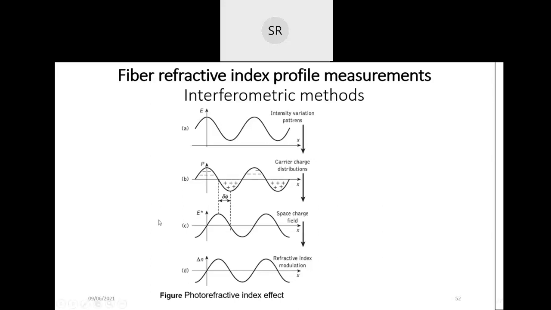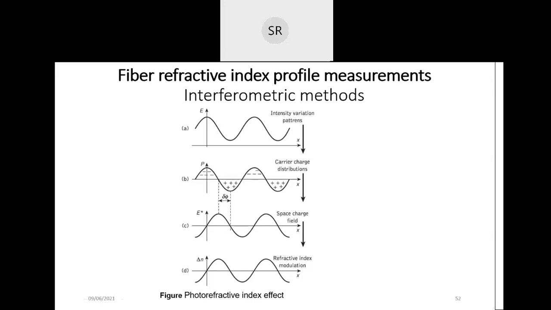Then it will produce a pattern of refractive index distributions according to the variation in the intensity, and that will be proportional to the electric field here. So according to the variation in the electric field, we get a variation in the refractive index profile.